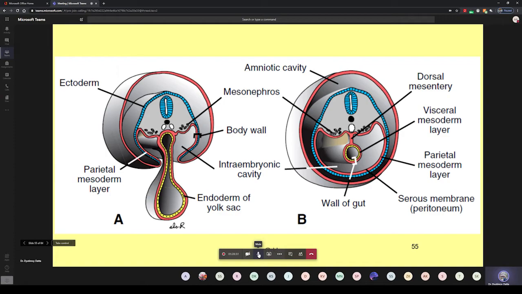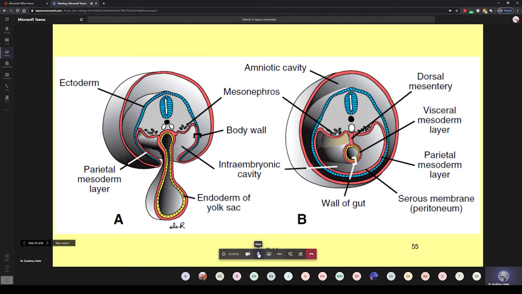Paraxial, intermediate, and lateral. Okay. So we are now at the intermediate mesoderm level.